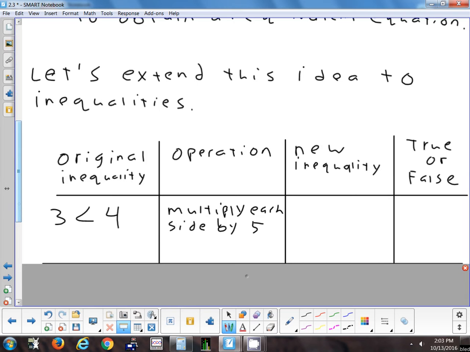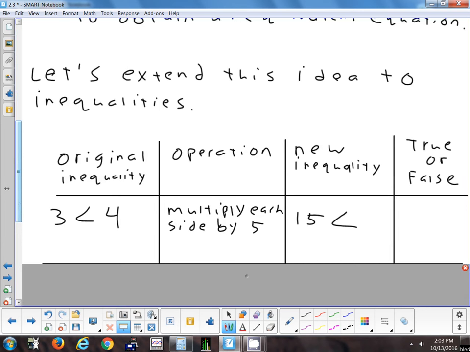All right, so let's start with the original. 3 is less than 4. Am I starting out with something that's true? Is 3 smaller than 4? Yeah. Okay, everyone agrees that's true. Let's multiply each side by 5 and see what happens. What do you get if you do 3 times 5? 15.